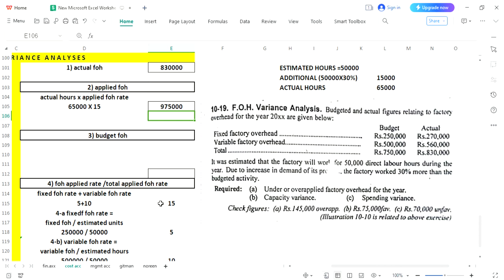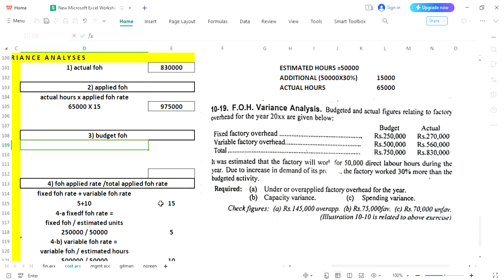It has been calculated, applied FOH, and now you will be calculating your budget FOH. For budget FOH, you need two things. First, you need to have your budget FOH.